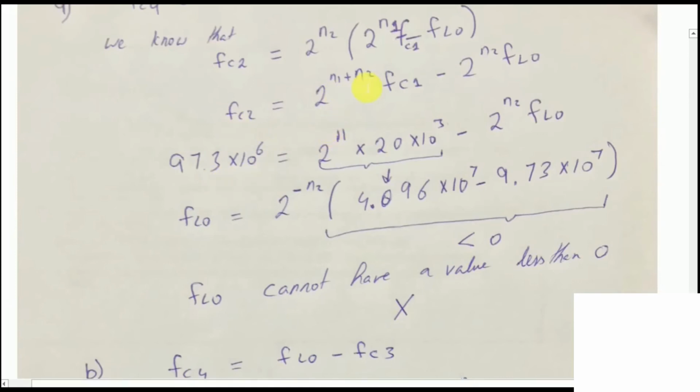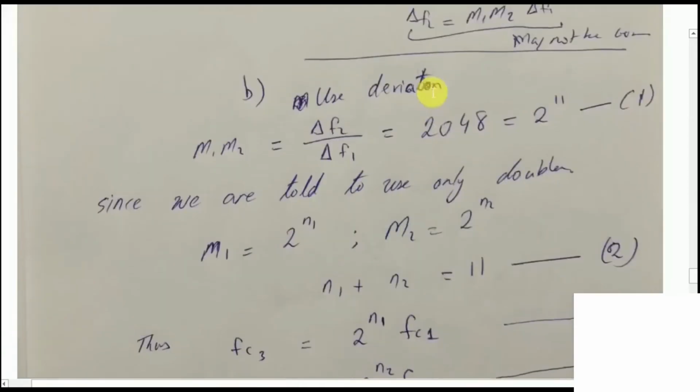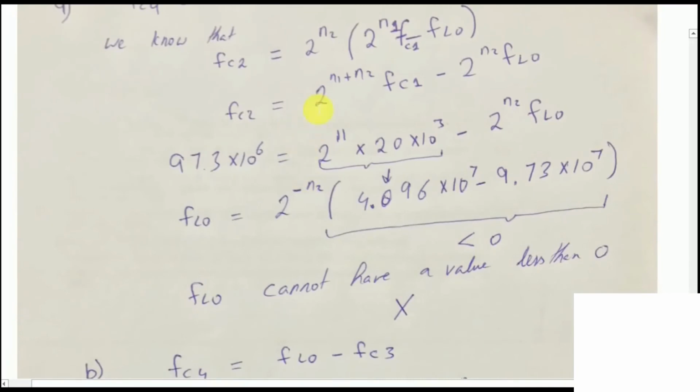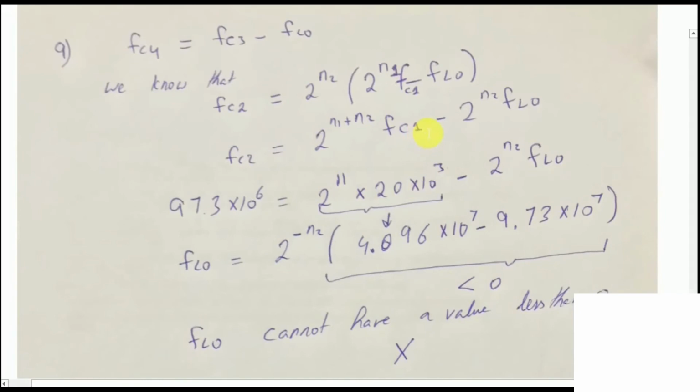We know n1 plus n2, which is 11, done previously over here in the second expression, right? So we know that this is 2 raised to power 11. Also we know the carrier frequency at the output of narrowband FM, which is 20 kilohertz, right? And then we don't know n2. We need to find n2, so that would retain its shape. We don't have a numerical value for it, and then we are unsure of what the local oscillator is, right?